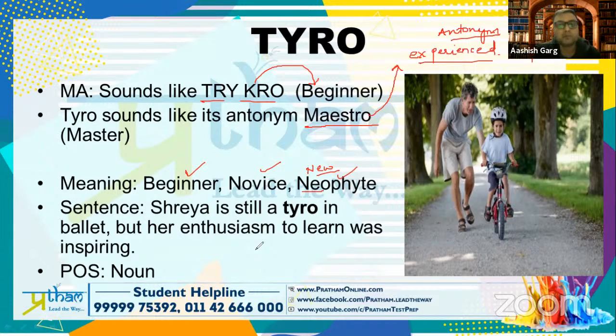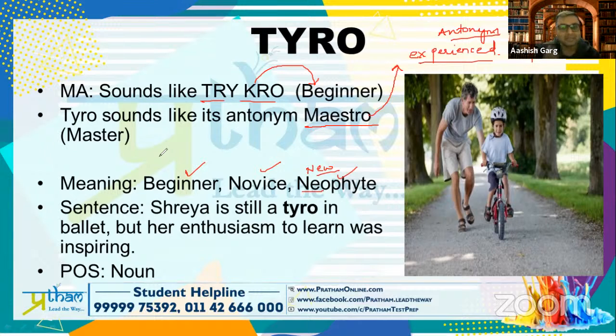Okay, when we say somebody has debuted in a movie, there also we can use this word, or neophyte can also be used. Like for example, Ananya Pandey and Tara Sutaria were neophytes in the movie Student of the Year 2. So they started their career through that movie.